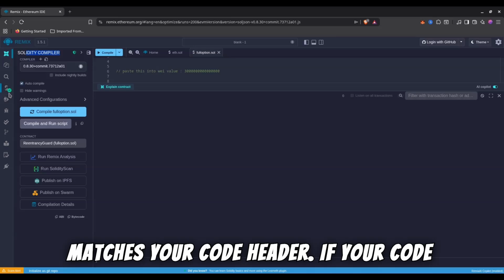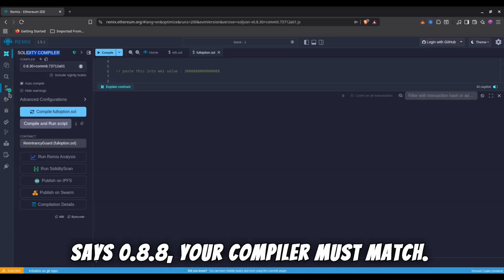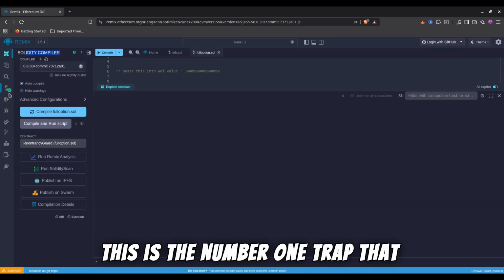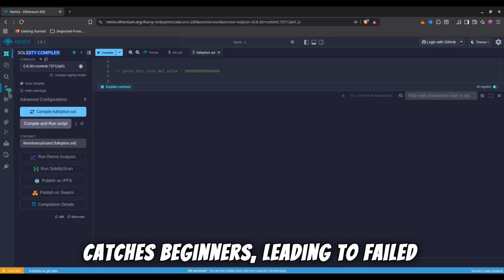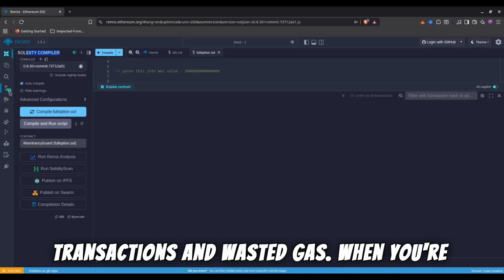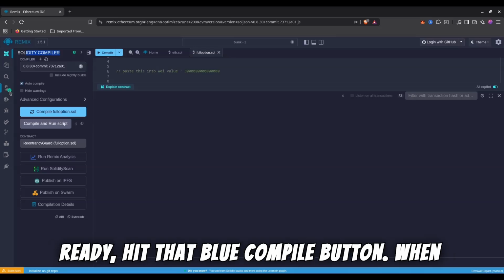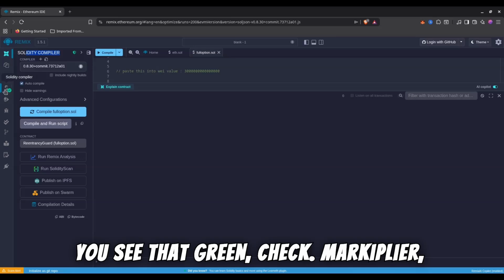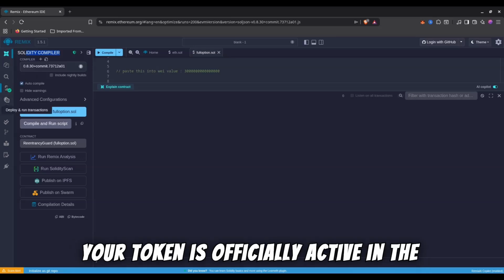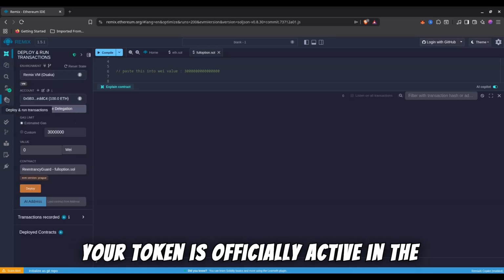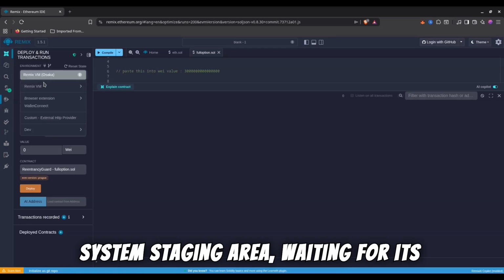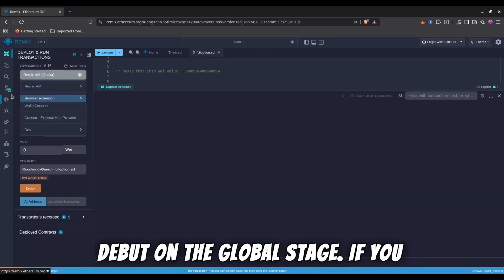If your code says 0.8.8, your compiler must match. This is the #1 trap that catches beginners, leading to failed transactions and wasted gas. When you're ready, hit that blue compile button. When you see that green check mark appear, your token is officially active in the system staging area, waiting for its debut on the global stage.